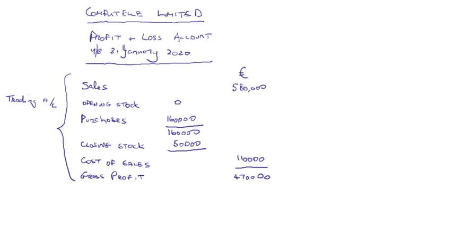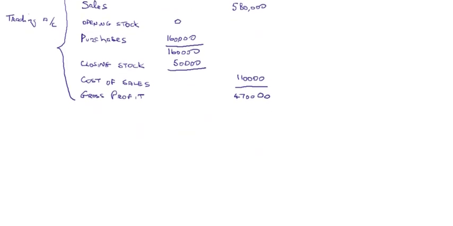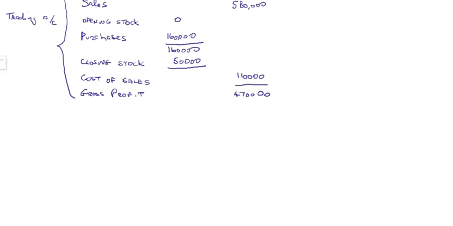Okay, the next thing we do is the next part of this document. I think it might change color maybe. Let's do it in red. The next thing is what's sometimes referred to as the profit and loss account part of the profit and loss account, if you like. And what this very often comprises is two sections.